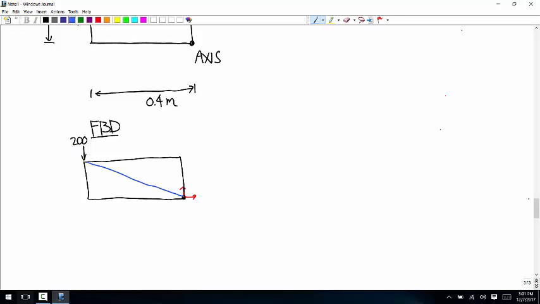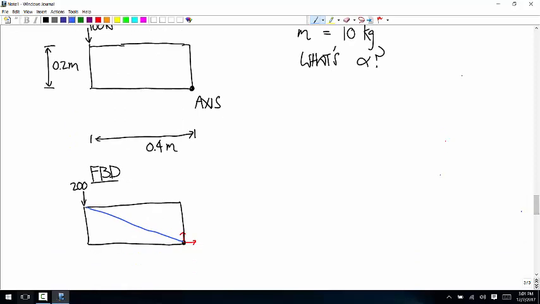I was going to do a problem that was twice as hard. Okay, so that doesn't work, but we can move this force along its line of action, which is this.